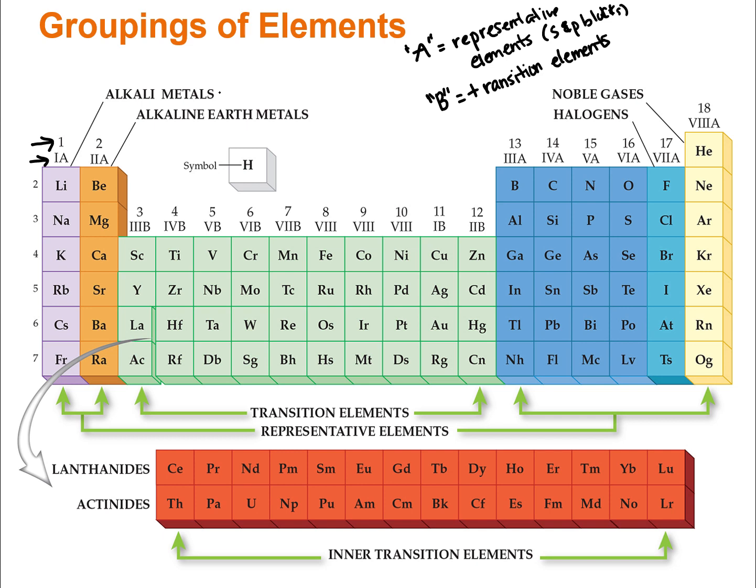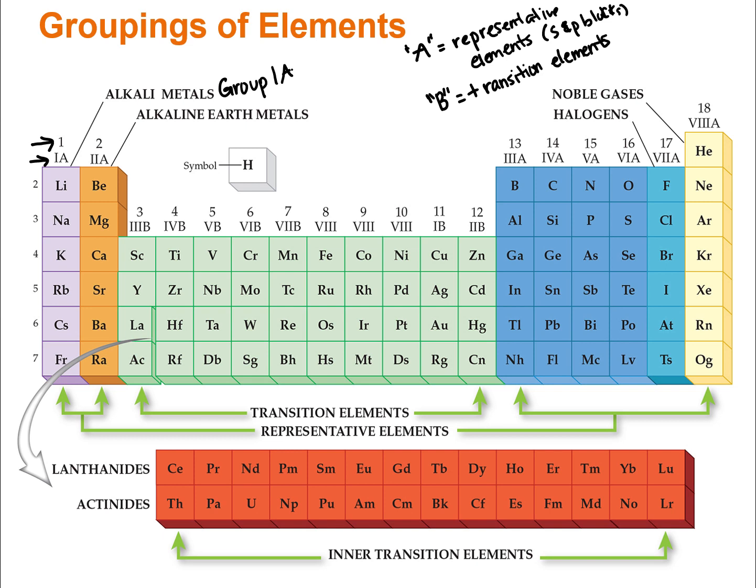So we left off talking about there's a lot of different names for the groups on the periodic table. So we're going to go over a few of them that you're going to need to know. The first group, group 1A, that's the alkali metals.